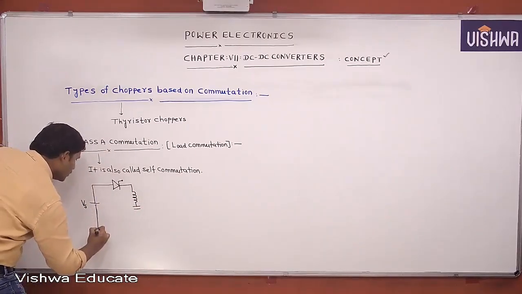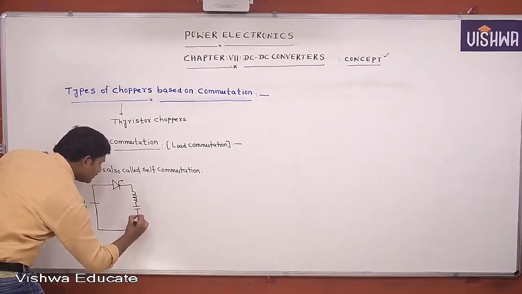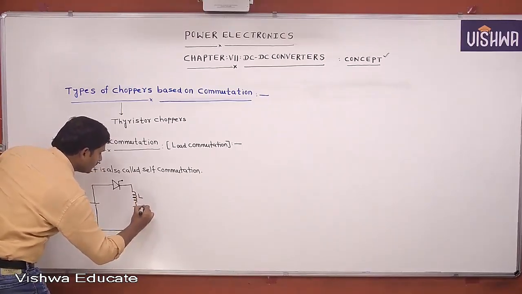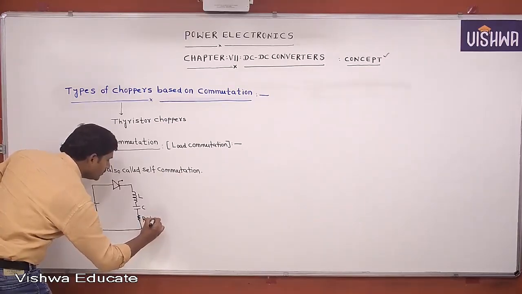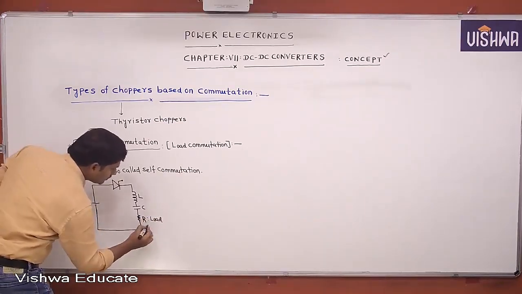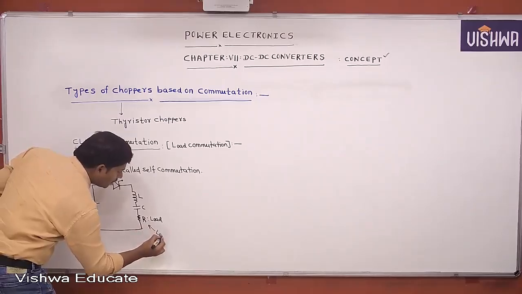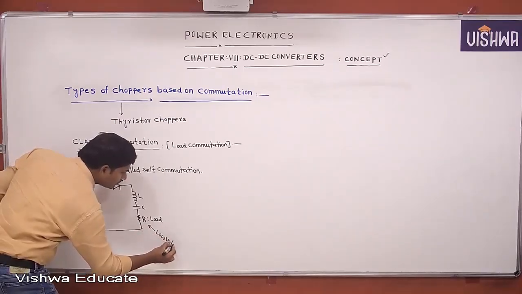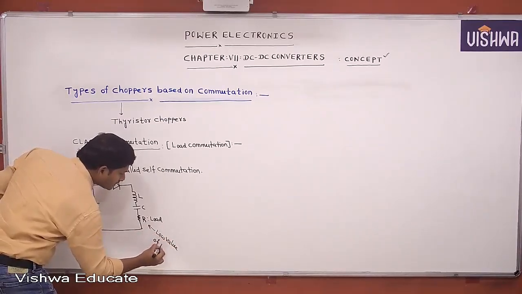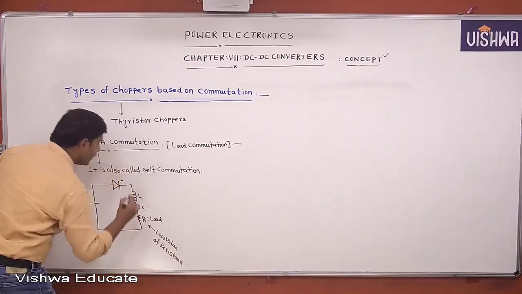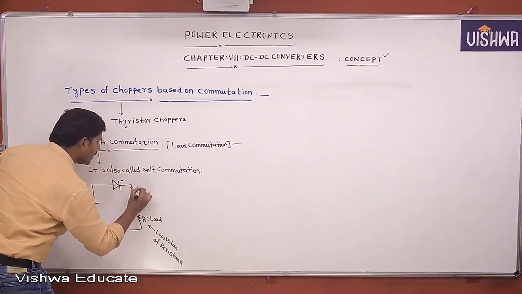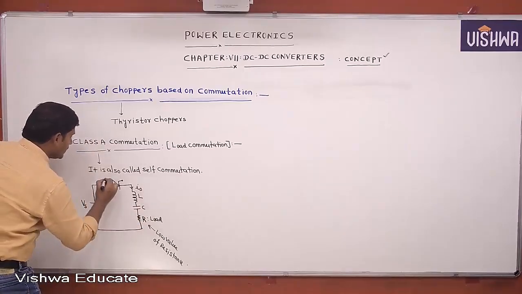This is the circuit we are using for load commutation: L, C, R. This R is the load, a low value of resistance. Let this current be I0. This is the thyristor.